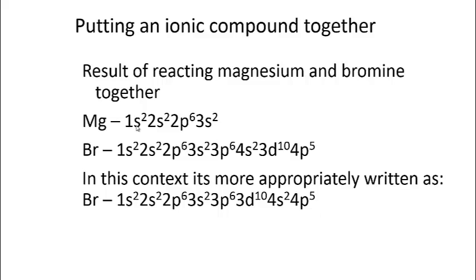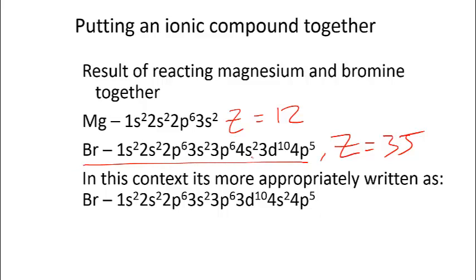Magnesium's electron configuration is 1s2, 2s2, 2p6, 3s2, because its atomic number, Z, is equal to 12. Bromine's atomic number, Z, is equal to 35. Thus, its electron configuration is 1s2, 2s2, 2p6, 3s2, 3p6, 4s2, 3d10, 4p5.